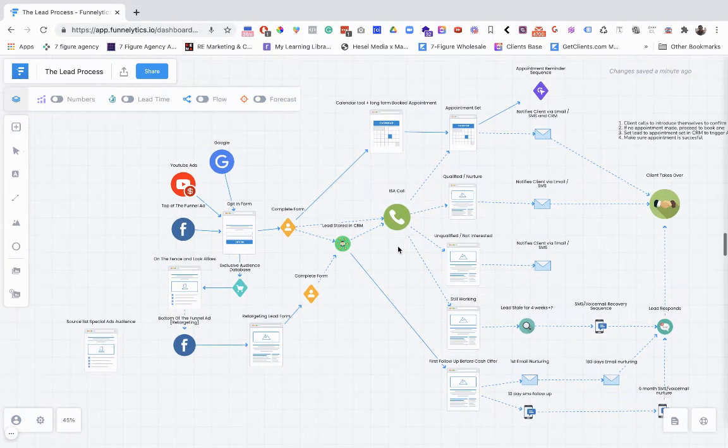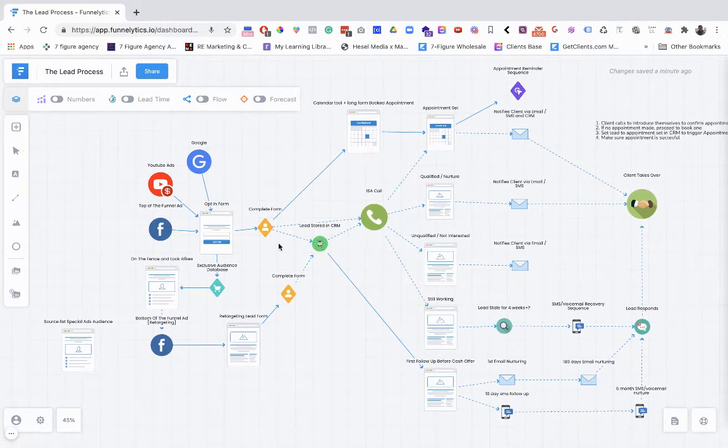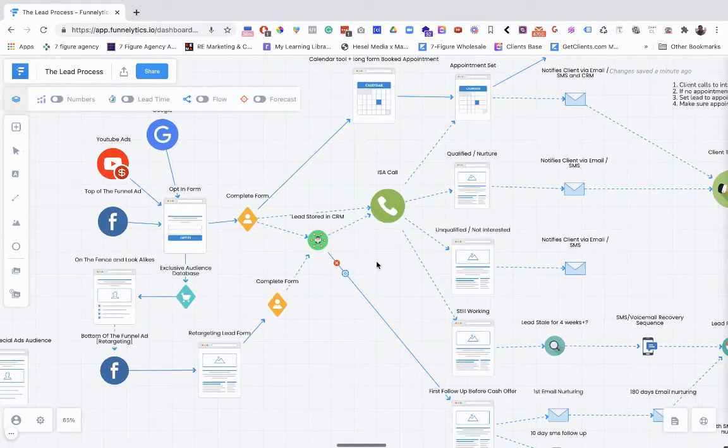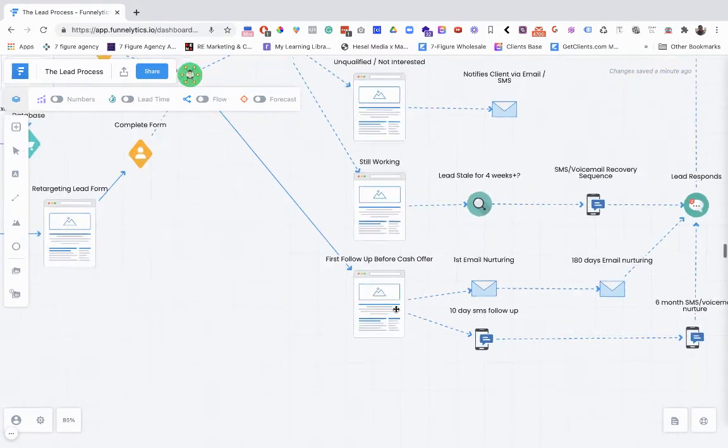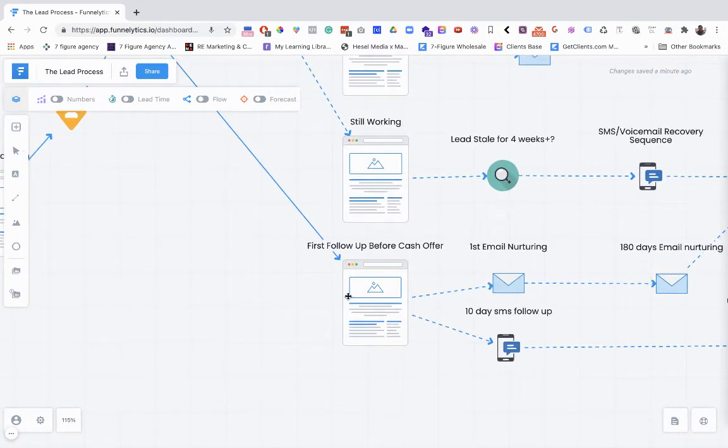So remember how I told you that as soon as the lead comes in, they go into the CRM, right? And the CRM creates a different series of operations. Usually, the CRM will have automation in place where it's going to have a first follow-up before we give them a cash offer or get them on the phone.